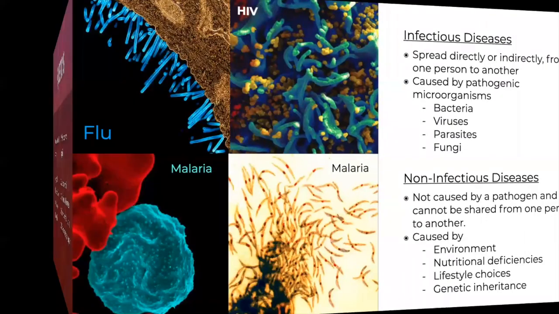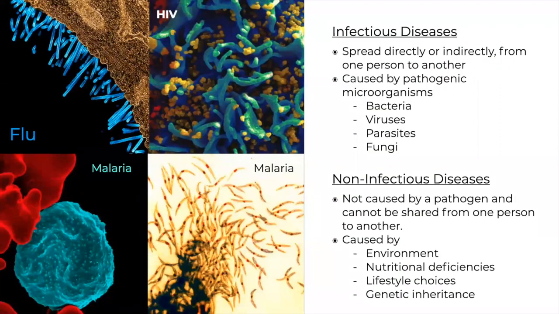Let's talk about the difference between infectious and non-infectious diseases. An infection is the invasion of an organism's body tissues by disease-causing agents, their multiplication, and the reaction of host tissues to the infectious agents and the toxins they produce.